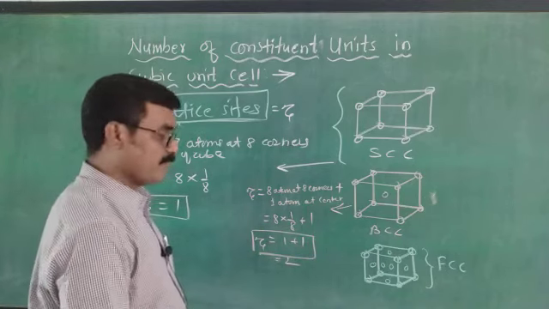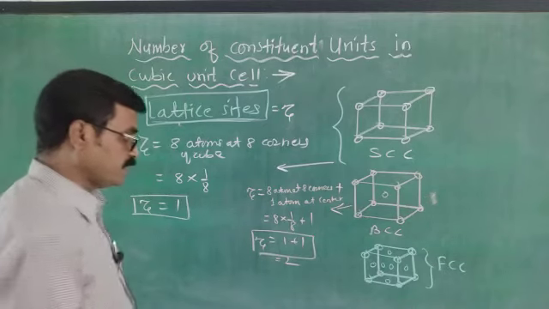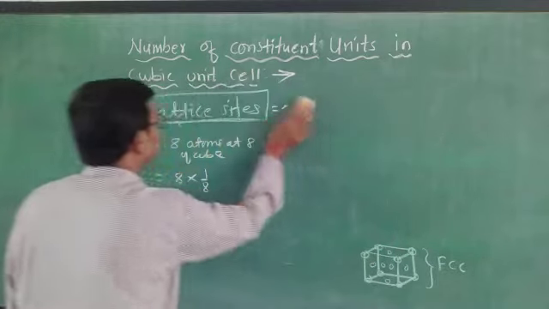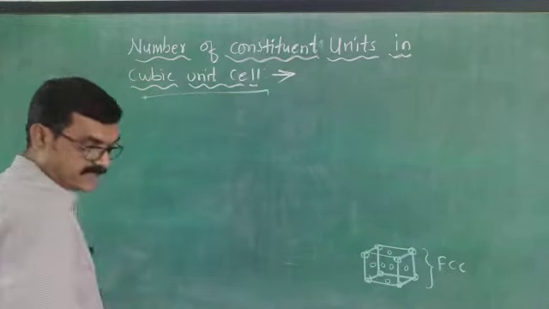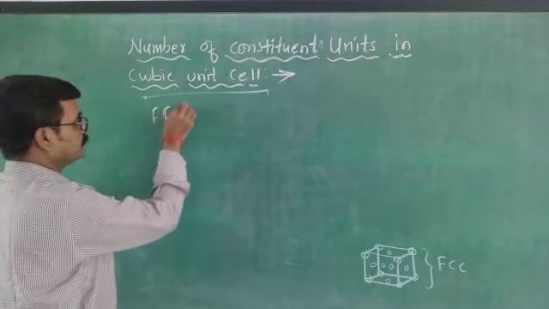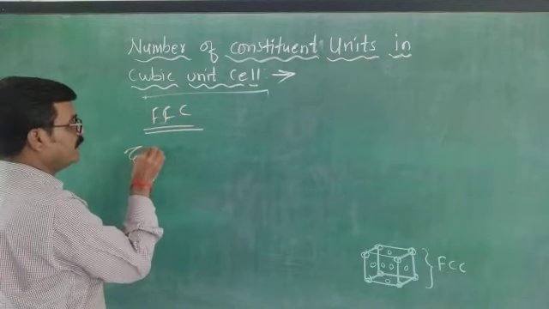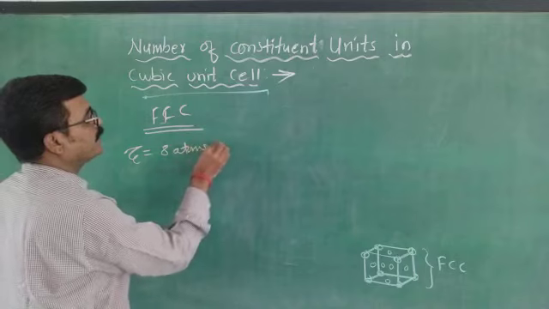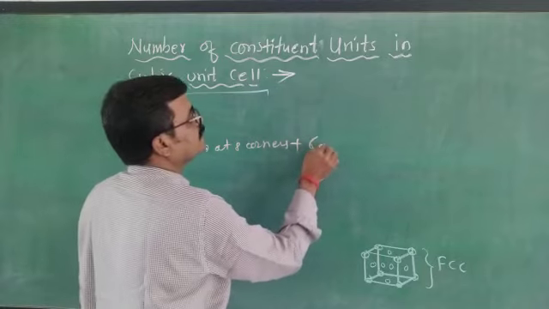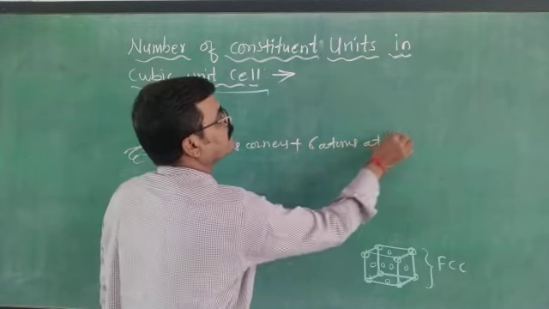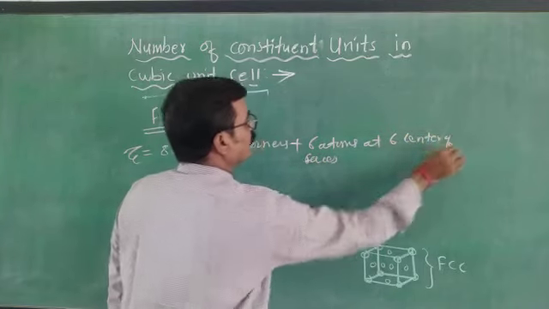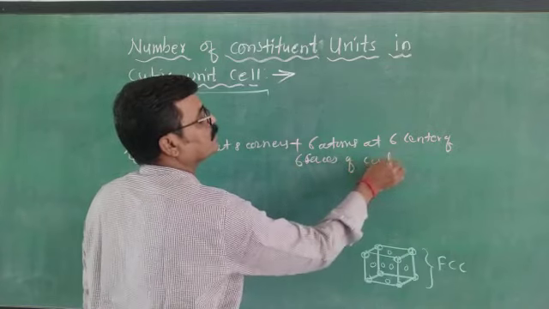Now calculate the number of atoms or ions present in the face centered cubic crystal, or the lattice sites, that is Z in FCC. What is the value of Z? 8 atoms at 8 corners plus 6 atoms at the centers of the 6 faces of a cube.